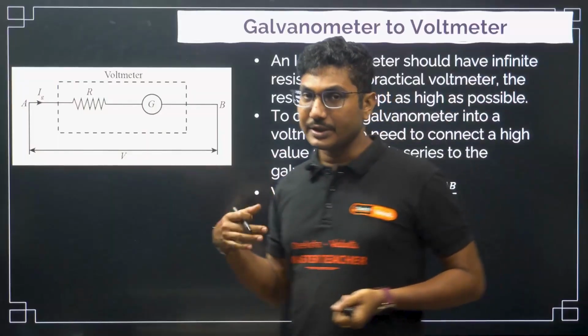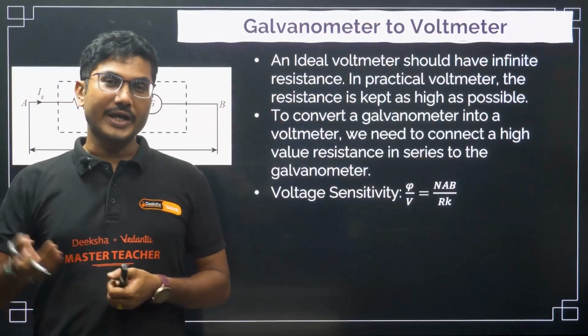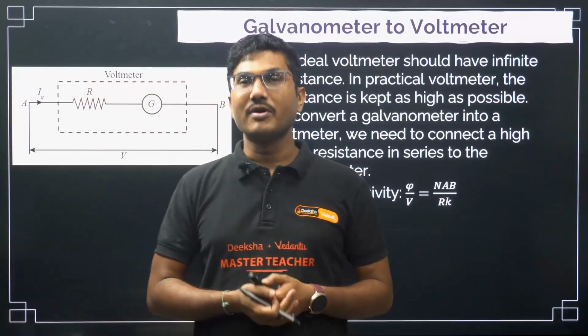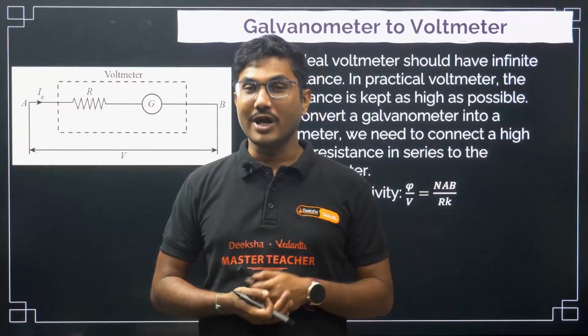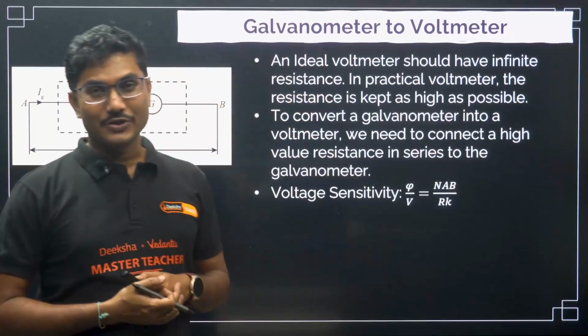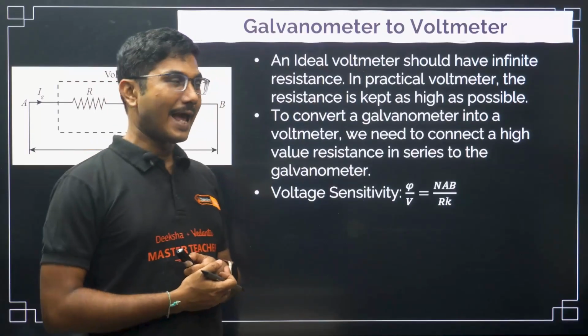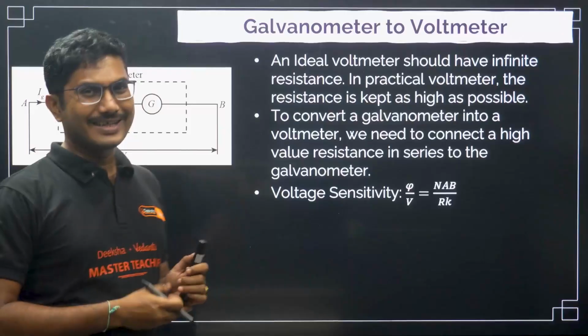When you are doing this experiment in the lab, you will be using an ammeter and a voltmeter. Why an ideal ammeter should have very low resistance and an ideal voltmeter very high resistance, you can ask the lab instructor when you are performing it. I'll leave it blank over here so that you can think upon it.